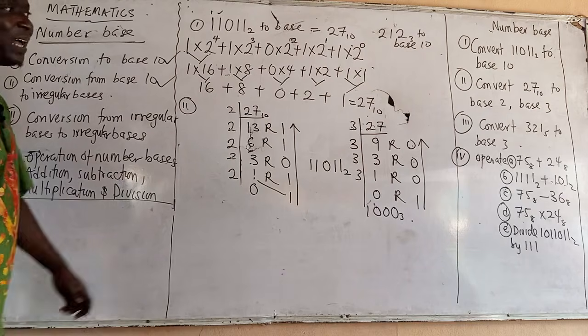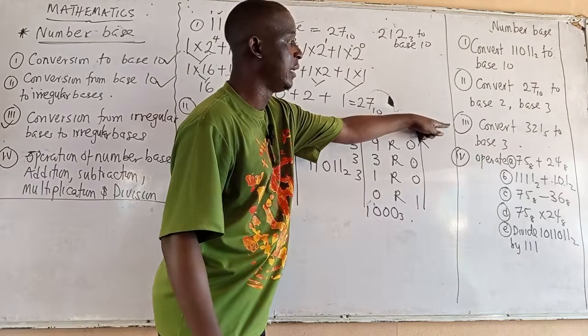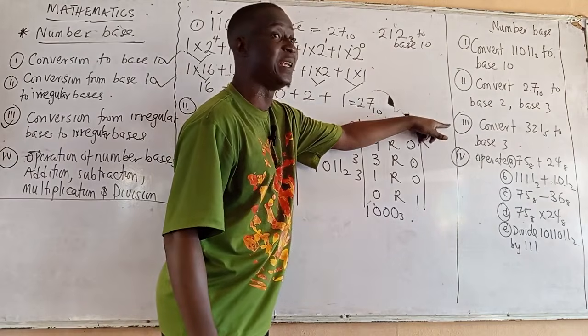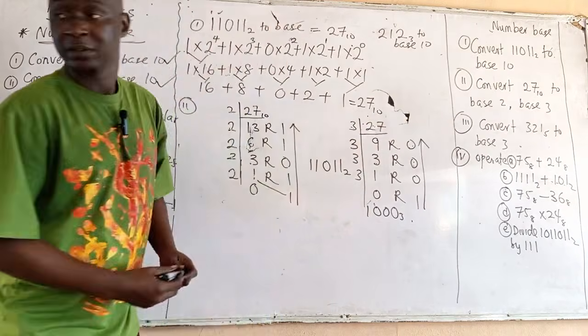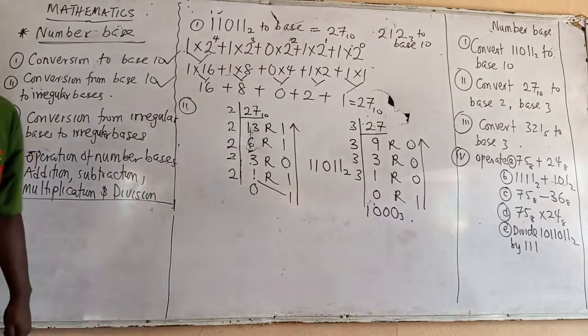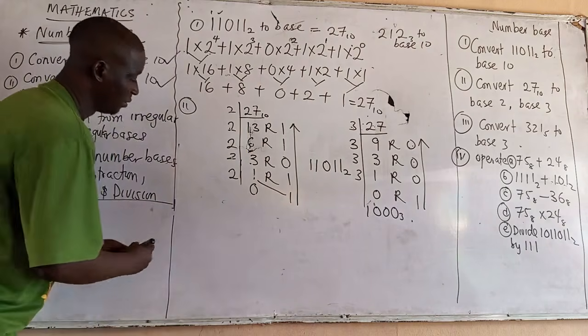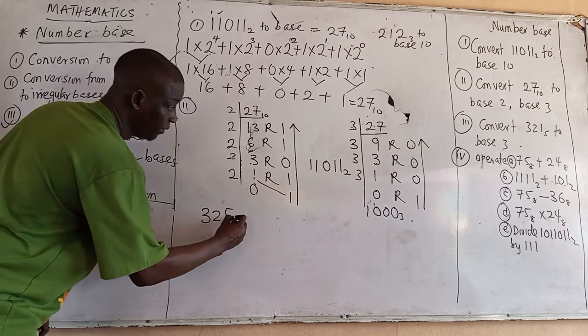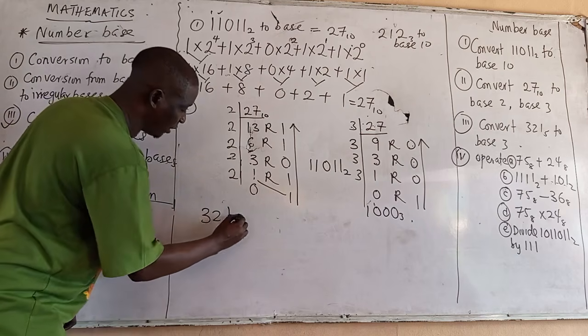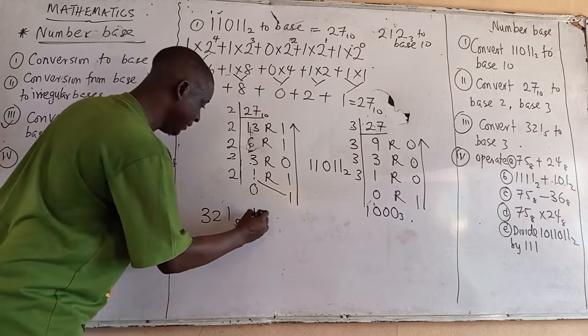Now let's take conversion from one irregular base to another irregular base. A good example is number 3. Convert 321 in base 5 to base 3.